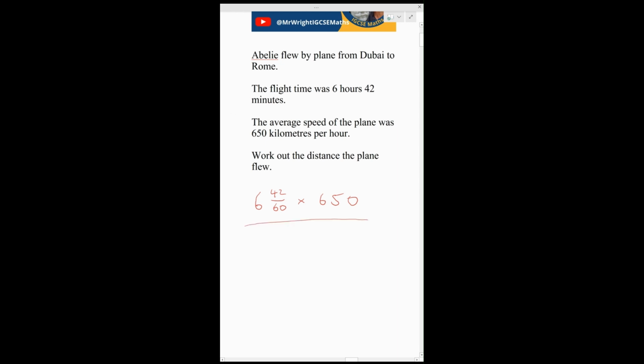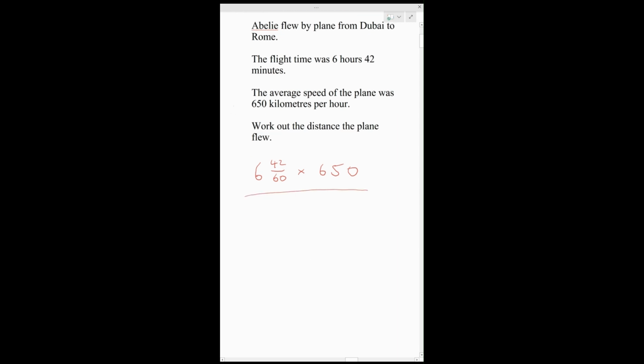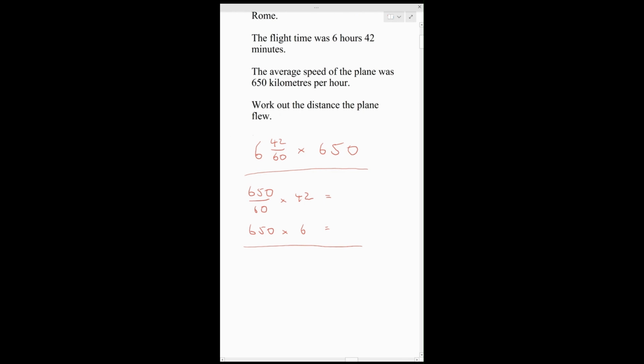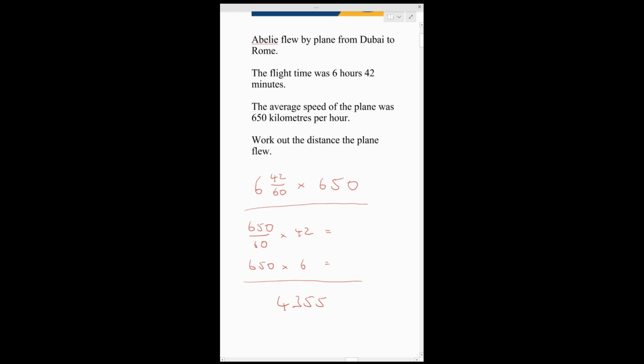However, you may want to work out how many kilometres are flown each minute. Multiply that by 42 to give you the 42 minutes, and then add on to that the number of kilometres flown in the 6 whole hours, and then add up those two answers. Either way, your answer should be 4,355 kilometres.